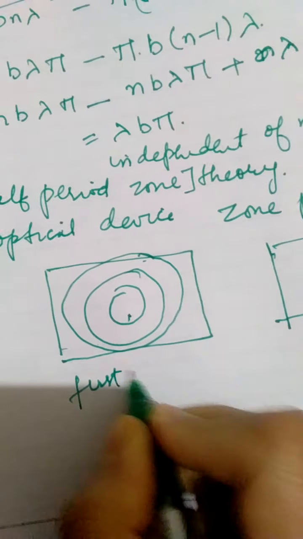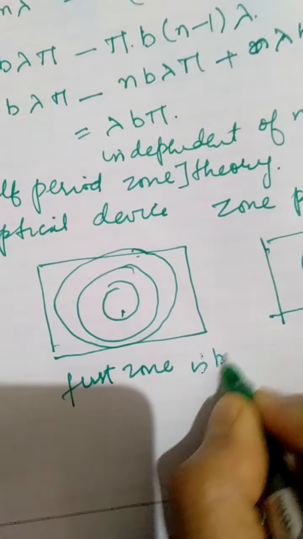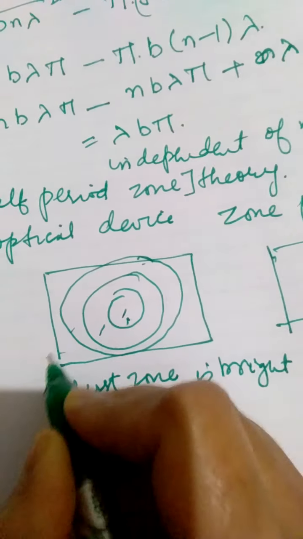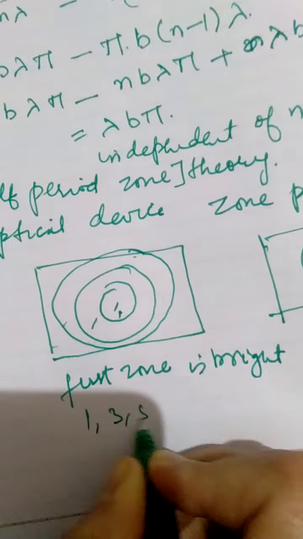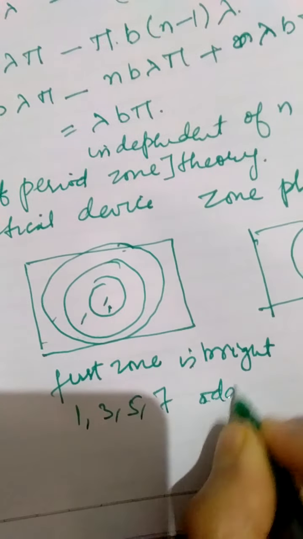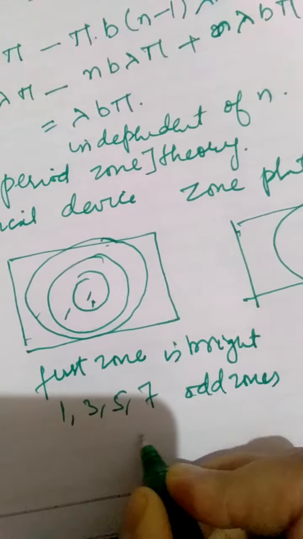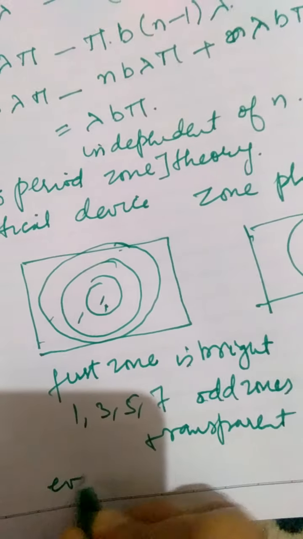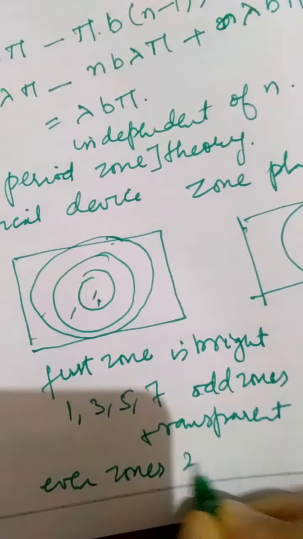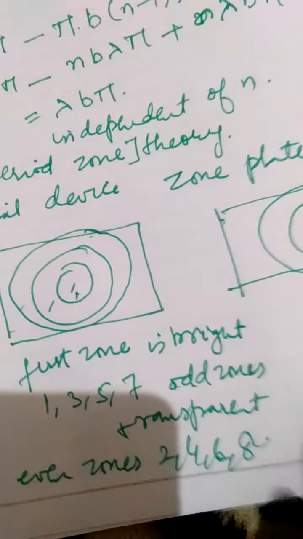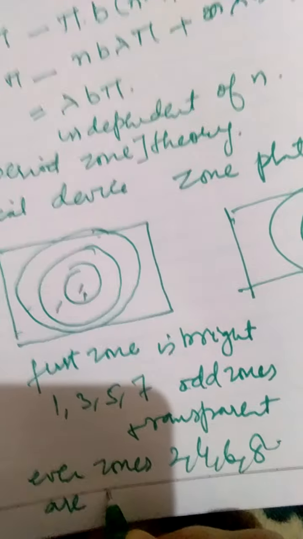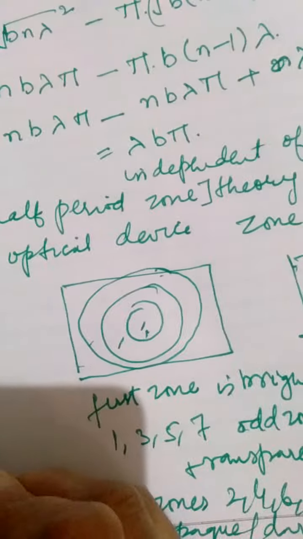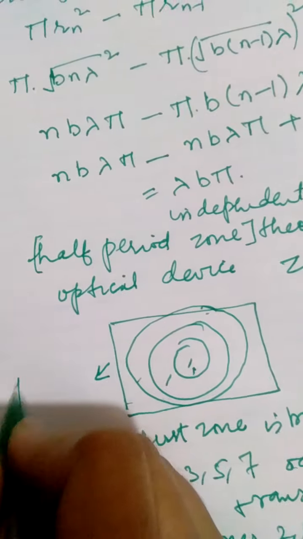So if the first zone is bright, or in other words, if the odd zones, first, third, fifth, seventh, are transparent and even zones, that is 2, 4, 6, 8, etc., are opaque or dark, this is called a positive zone plate.